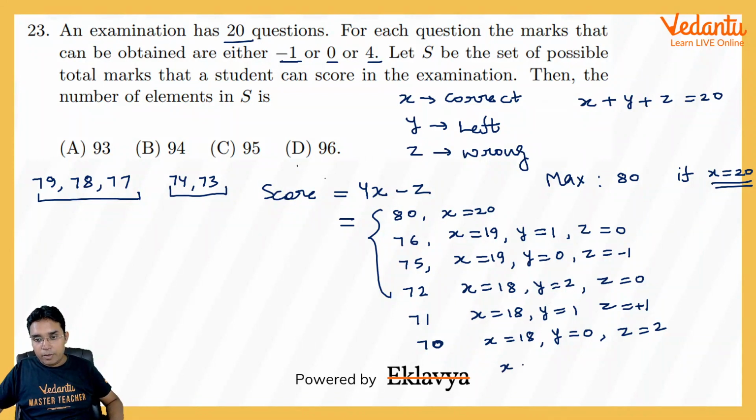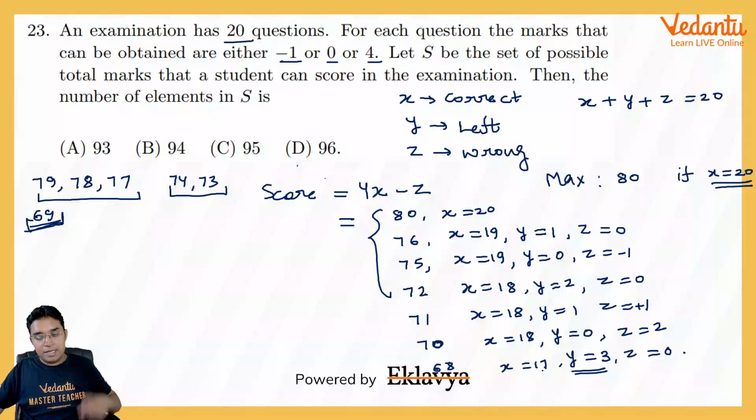But when you do the next, that is 17 correct, I think there will be 68. So only 1 mark we are skipping, that is 69. So from this pattern, can we assume all other marks will be obtained? The 68 would be when you have left 3 questions and done 0 wrong.